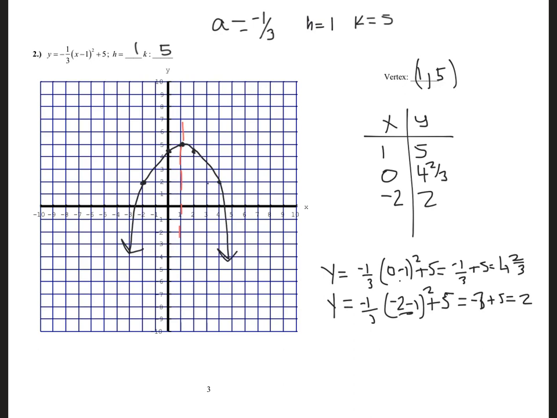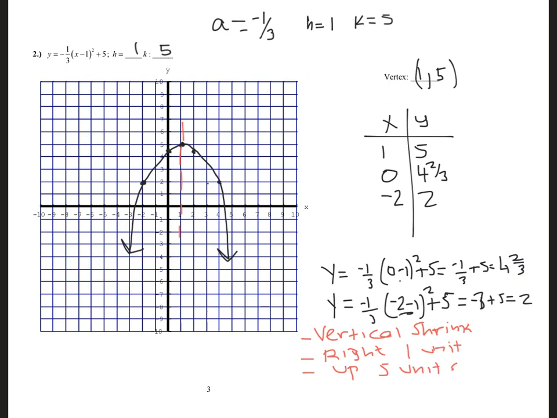And what do I see in regard to transformations? So it's vertically shrunk. So vertical shrink by 1/3, and it has gone right according to the H. So right 1 unit, and it has also gone up 5 units.